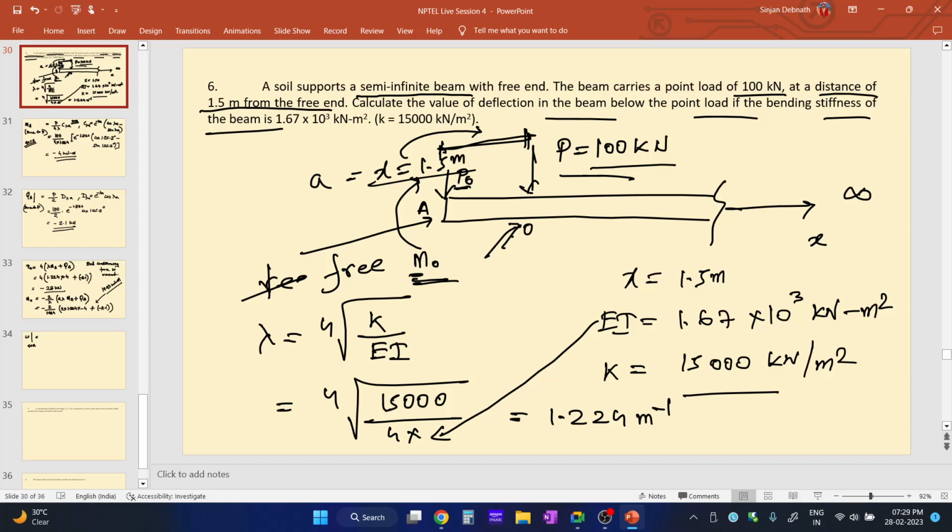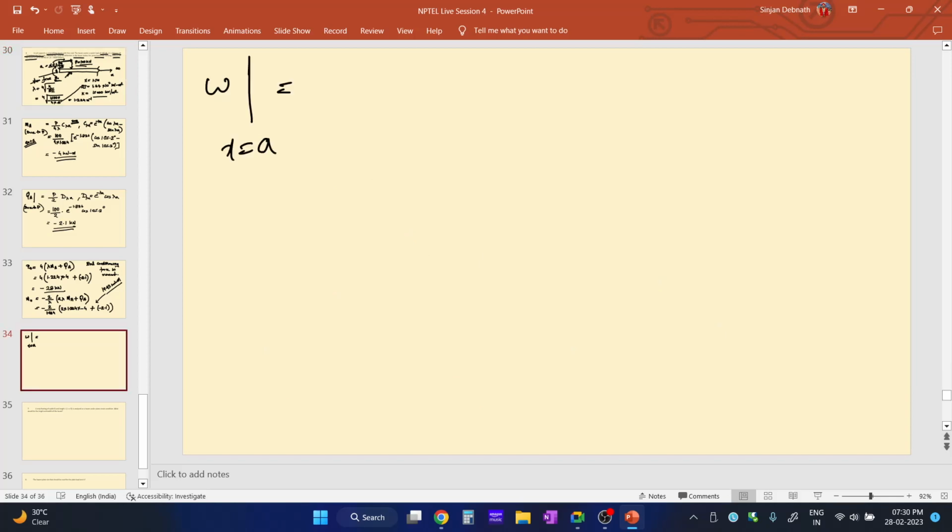For the end conditioning moment M0 there will be deflection at point O, and for the end conditioning force P0 there will be deflection at point O. Okay, we need to add up all the deflections due to P, P0 and M0 in order to get the deflection at point O.